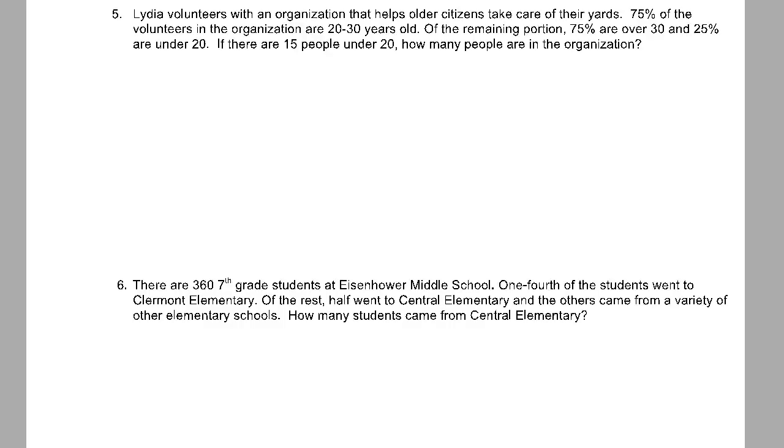So going back to the beginning, we were first told that 75% of the volunteers in the organization are 20 to 30 years old. So I'm going to take my 75% and express it as a fraction, 75 over 100. If I divide numerator and denominator by 25, I can simplify to 3/4.